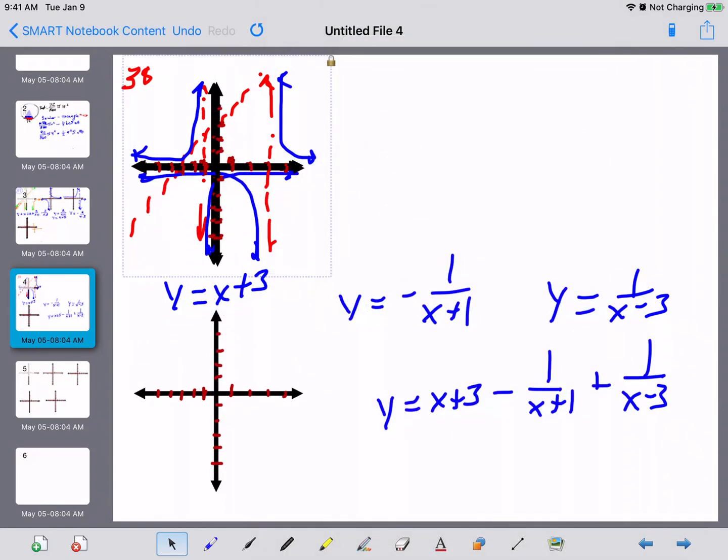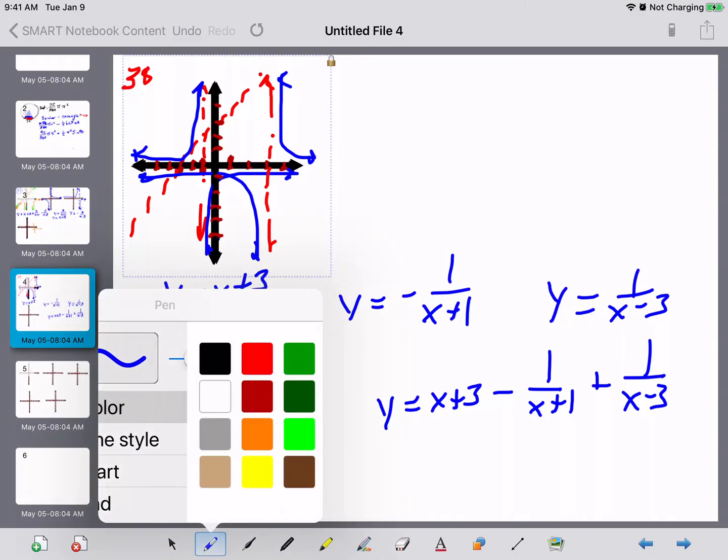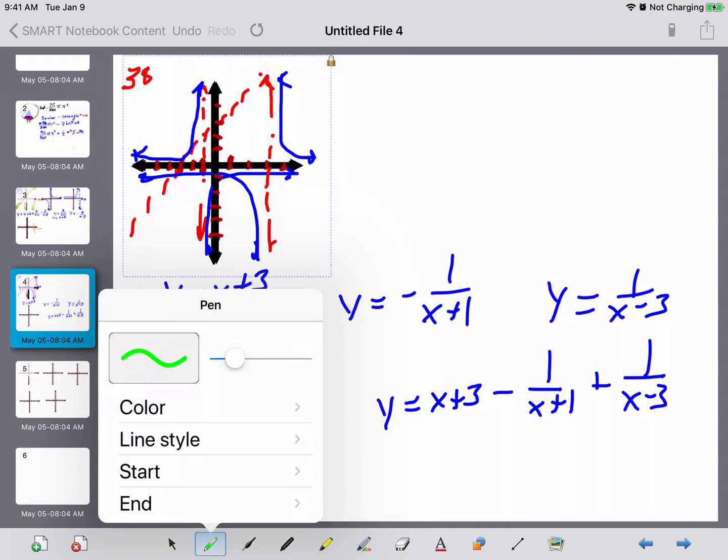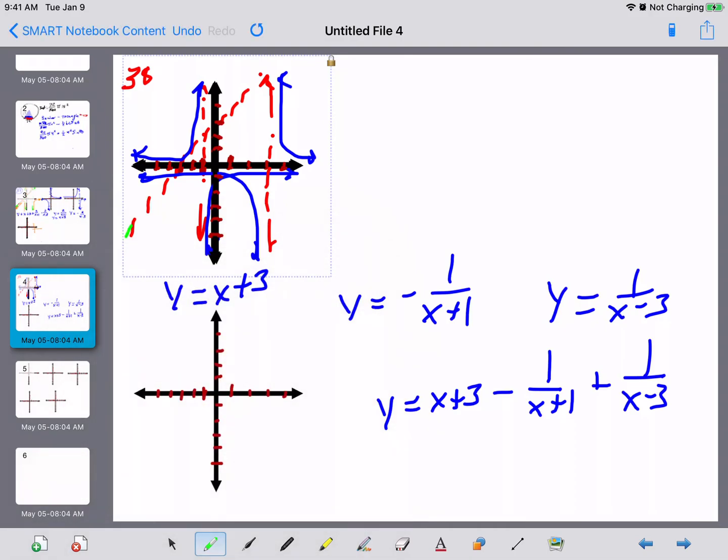Now, I'm going to do the same thing I did before. I'm going to get my asymptotes in there. My asymptotes for this graph come through here, come through here. I've got that slant asymptote, one at x equals negative 1, and one at x equals 3.